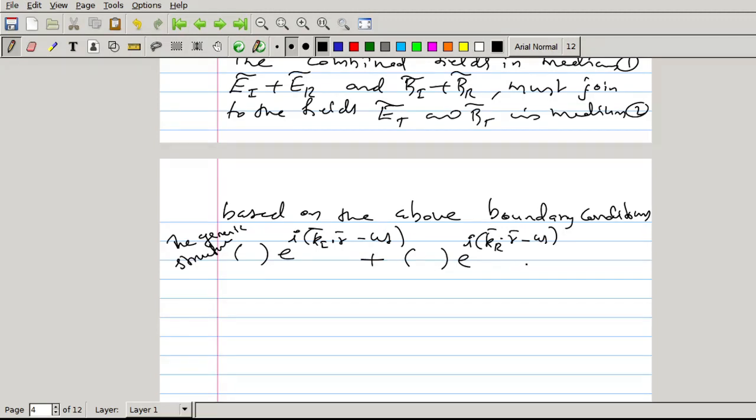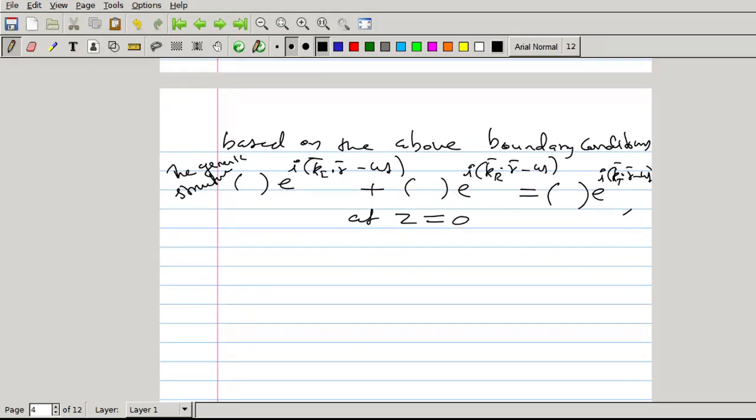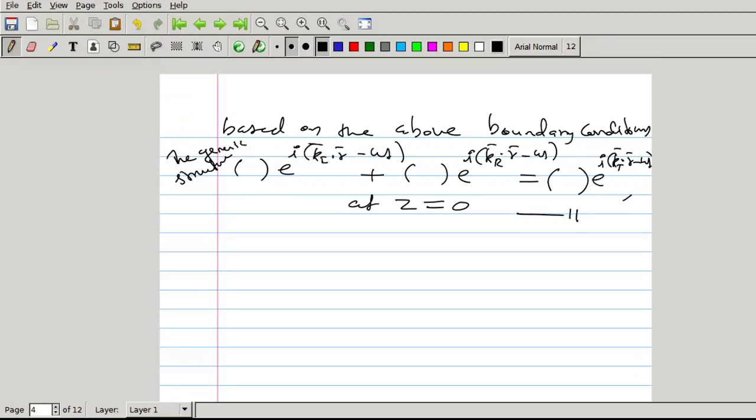So the wave on the left hand side is equal to the wave on the right hand side, which is either the electric or magnetic field, then e raised to i (k_transmitted dot r minus omega t). This will be equal at z equal to 0, where z equal to 0 represents the boundary. This is equation number 11.